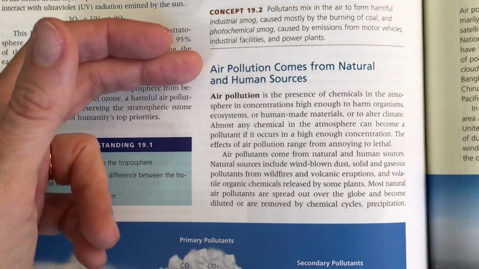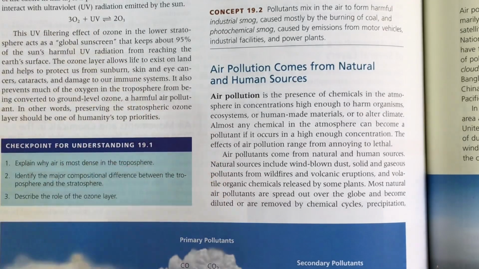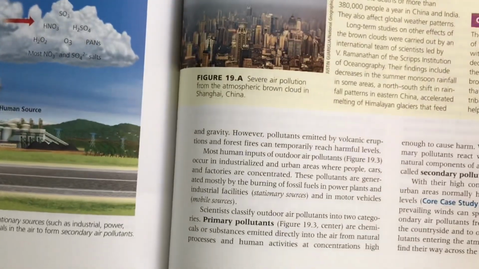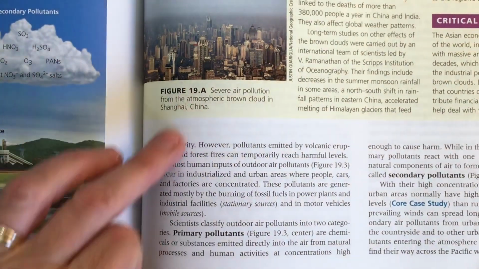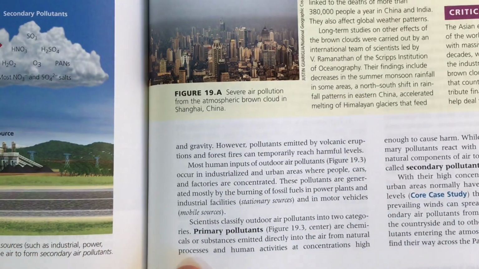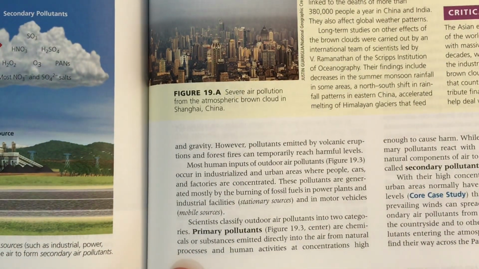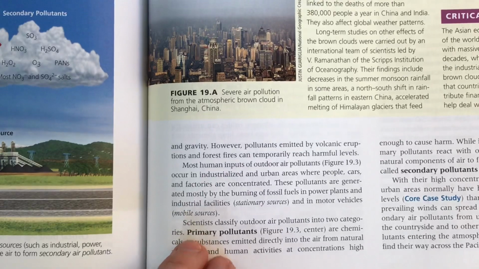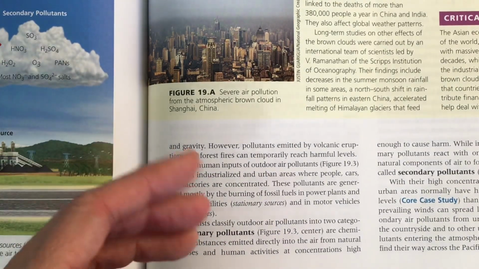So this is just talking about in general where you can get air pollution from. The classification of primary versus secondary is right here. Primary pollutants are those that are emitted directly into the air.